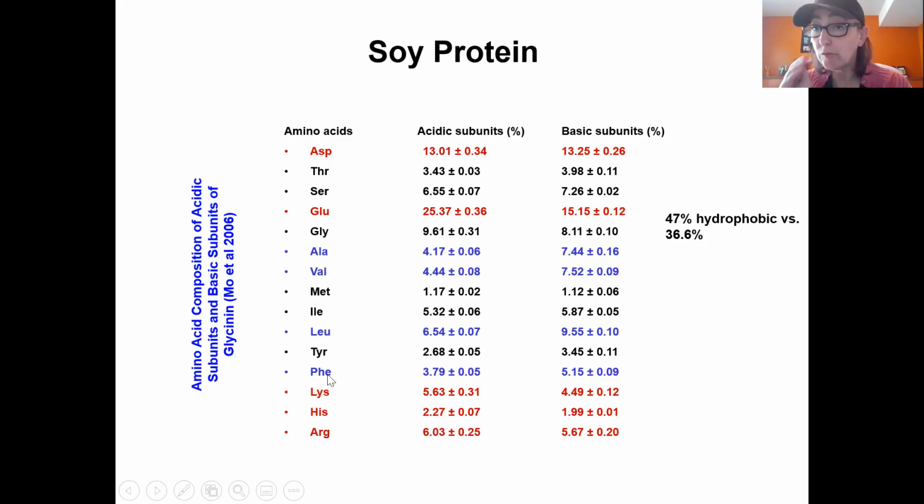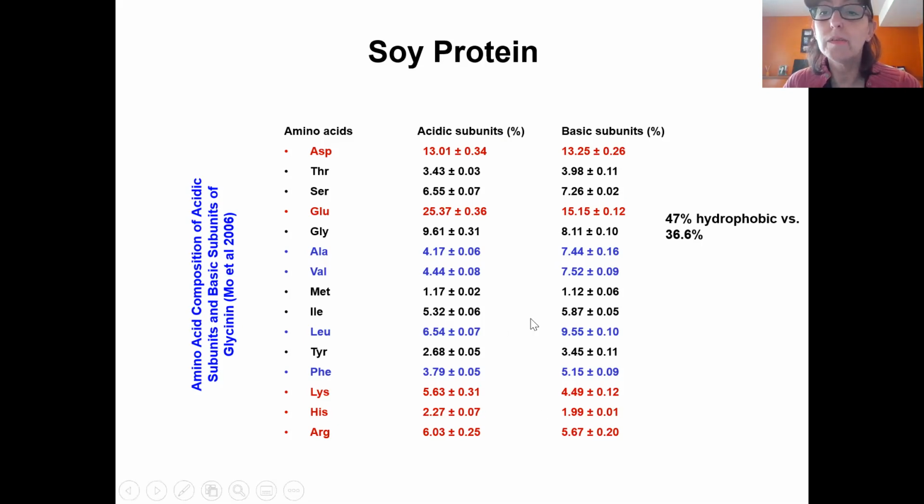These are very hydrophobic amino acids, and the presence of these amino acids at a particularly high percentage means the protein becomes largely governed by hydrophobic interaction.